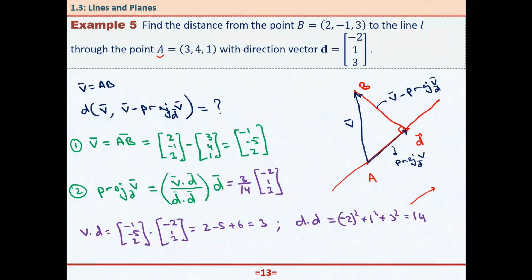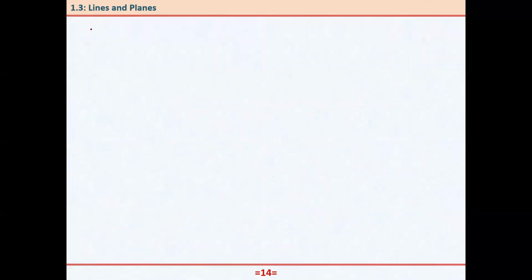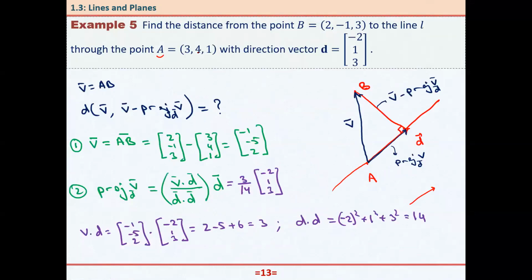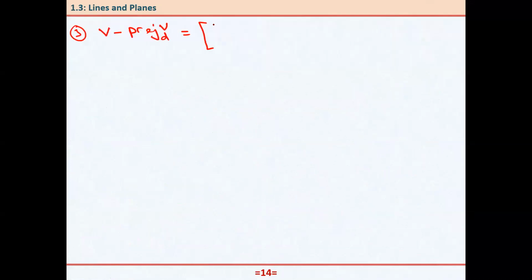Now we need to identify number 3, V minus the projection of V onto D. What are the coordinates of V? It is -1, -5, 2, minus the projection of V onto D.